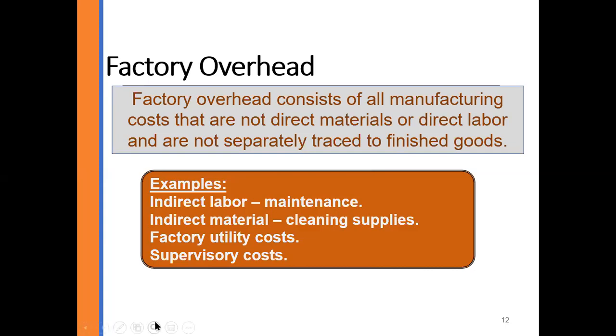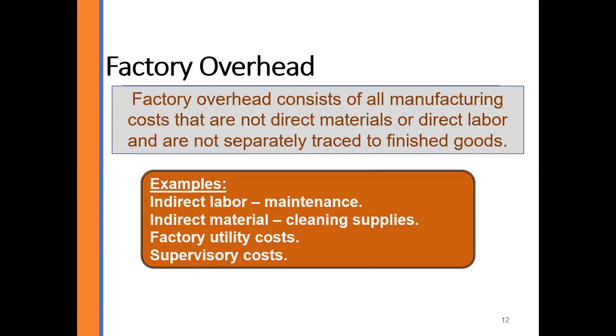Also, and I mentioned some of these already, when we think about a factory maintenance worker, that's considered indirect labor because it's someone that works in the factory, but they're not actually working on the assembly line, turning raw materials into a finished good. So that's indirect labor, right? And then if we think about cleaning supplies in the factory, for example, those are not materials that are used in the production process, although they do support the overall production facility, right?